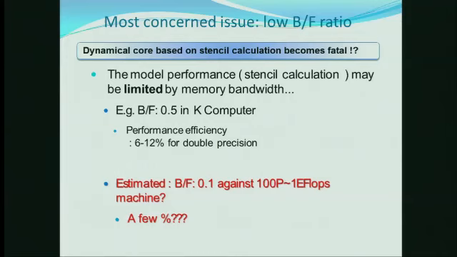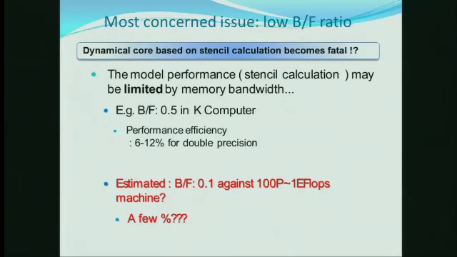The K computer has a relatively high BF ratio, about 0.5, but we can get a performance efficiency of only about 6% to 20% for double precision.